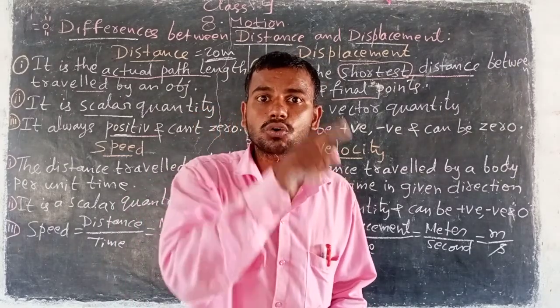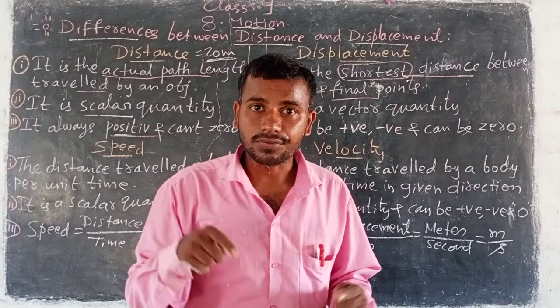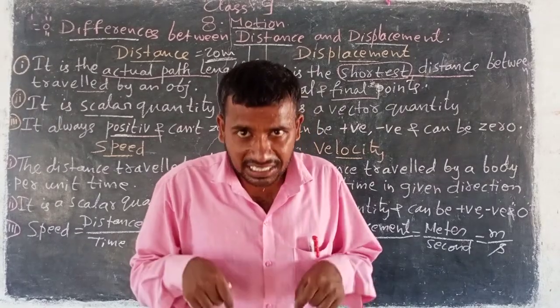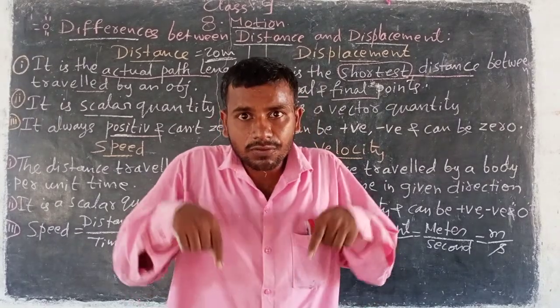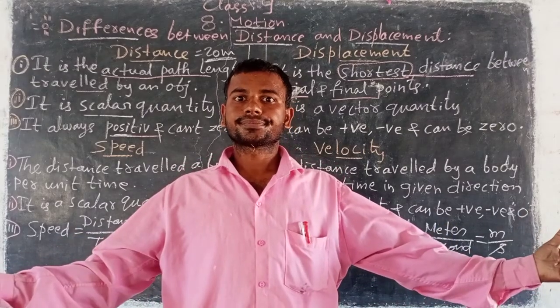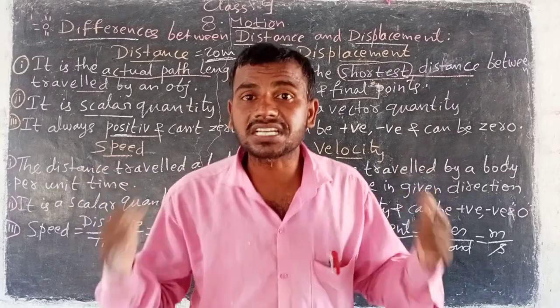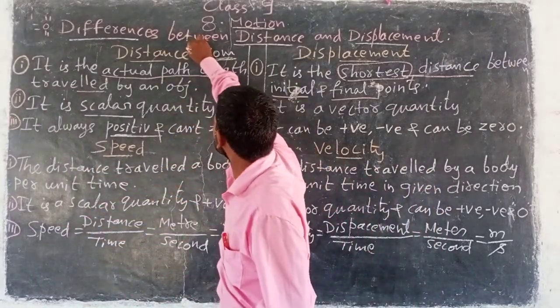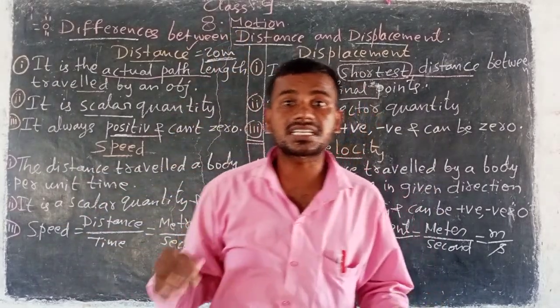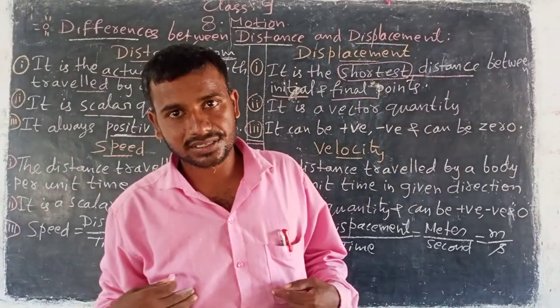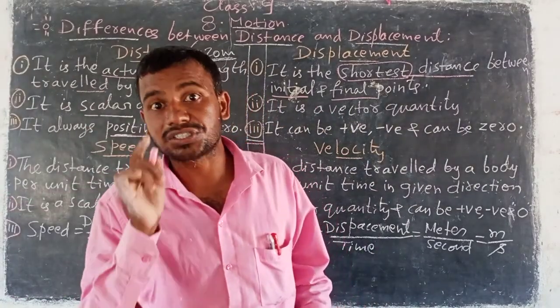Displacement is 0. Why? Because it is my initial point and it is my final point. Displacement is 0. But what is distance? Distance is 20 meters. But displacement is 0 meters.